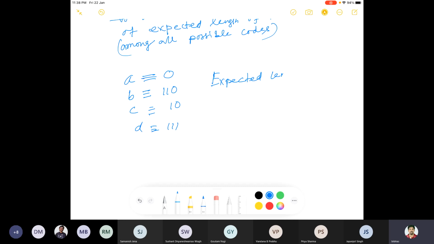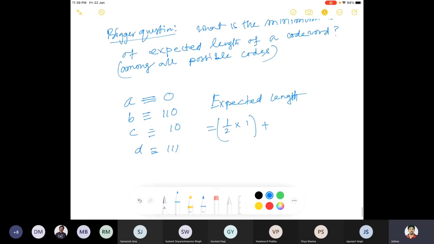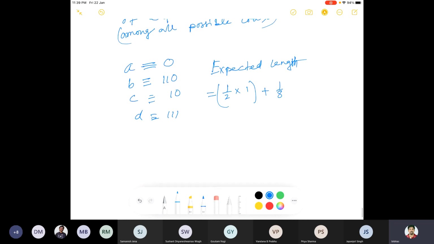So expected length will be: probability of A was half, so half into 1, where 1 is the length of A, plus B probability was 1/8, so 1/8 times 3, because 3 bits, plus 1/4 times 2 plus 1/8 times 3.